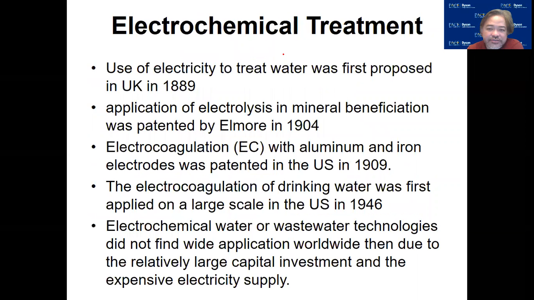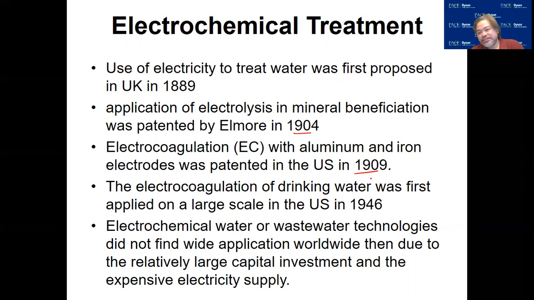But if you're going to look at the history of the use of electrochemical treatment, this goes a long way. Okay, so way back in 1889 in the United Kingdom, the use of electricity to treat water was first proposed. And then the application of electrolysis in mineral beneficiation was patented by Elmore in 1904. And then electrocoagulation with aluminum and iron electrodes was patented in the US in 1909.